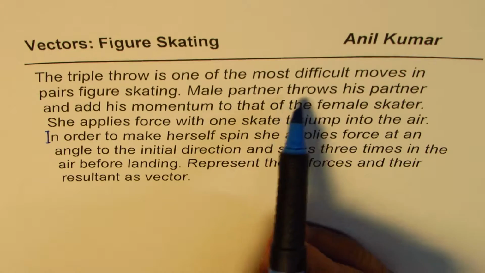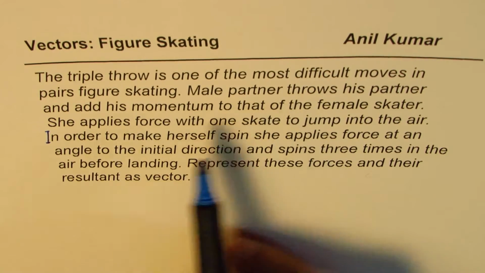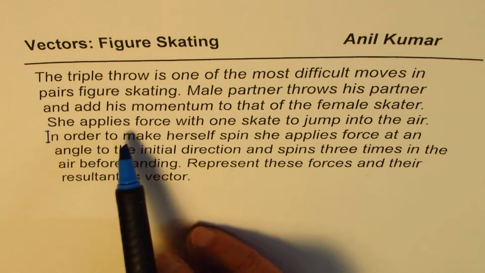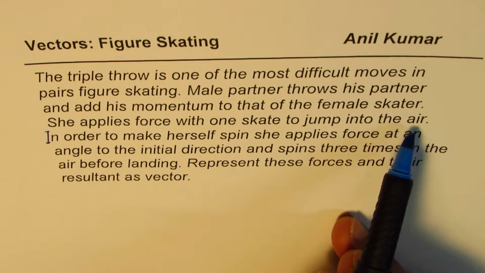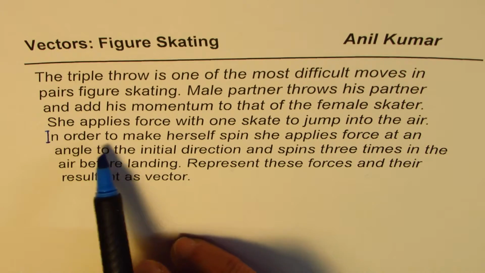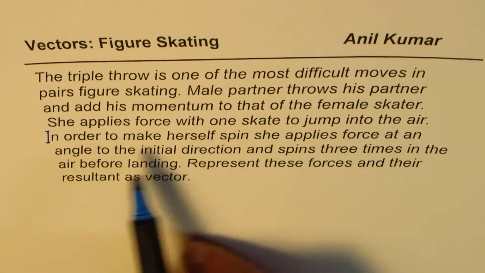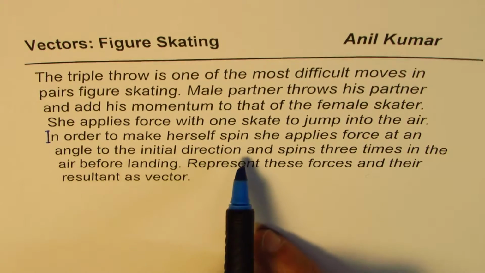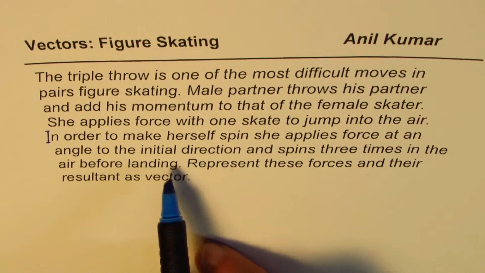So there's one force which is exerted by both these partners. Now, she applies a force with one skate to jump into the air. That is another force, jumping into the air. And then, in order to make herself spin, she applies force at an angle to the initial direction and spins 3 times in the air before landing.